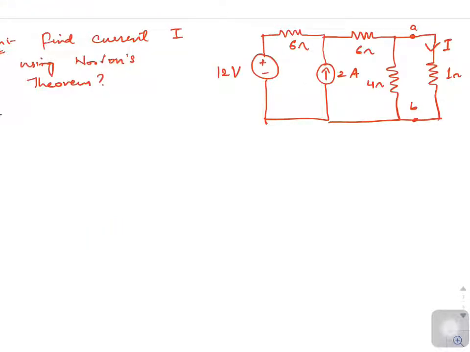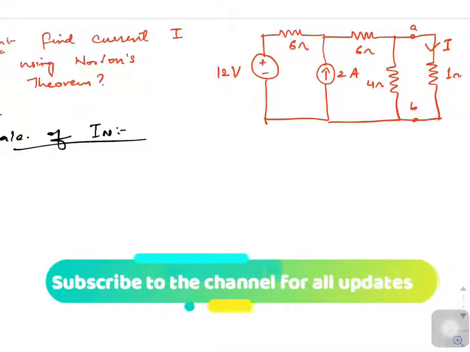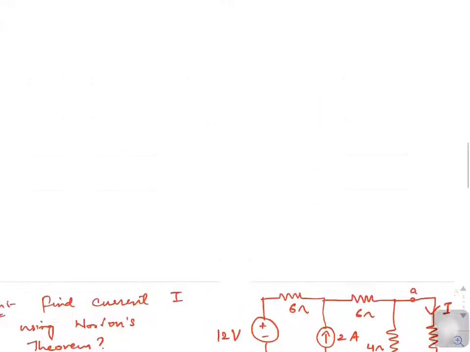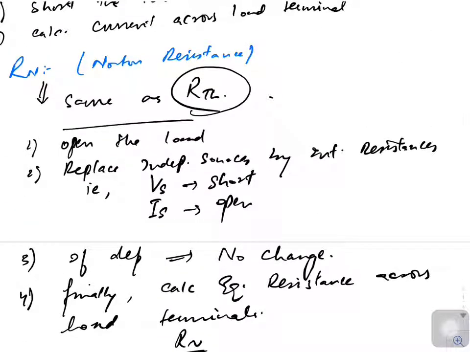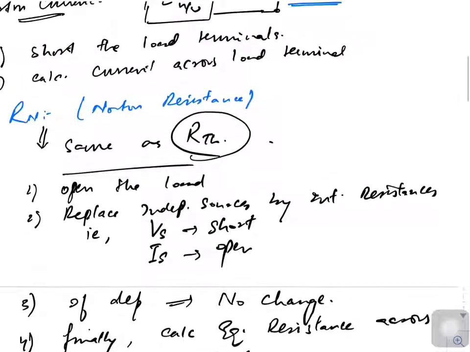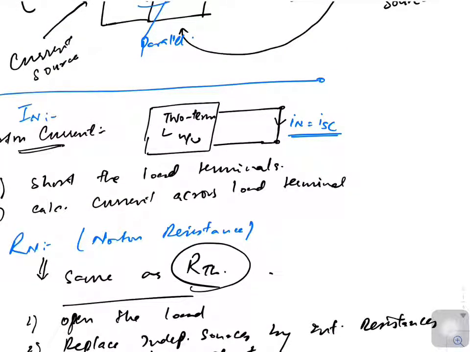So let me begin with the calculation of Norton current. We know there are two steps. We have to short the load terminals and we have to calculate the current across the load terminals only.